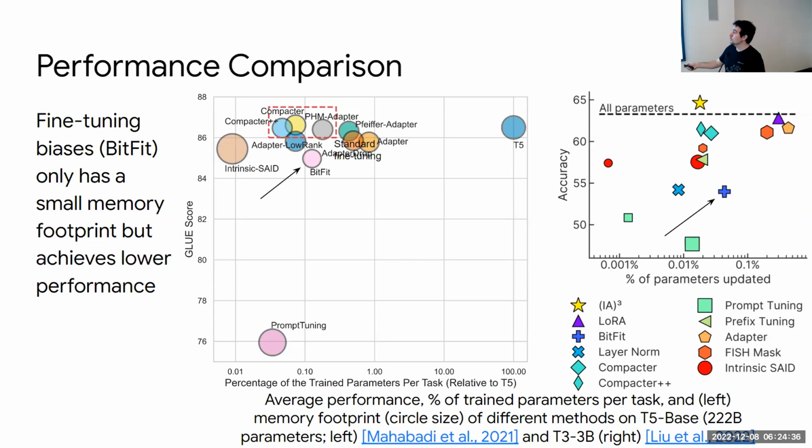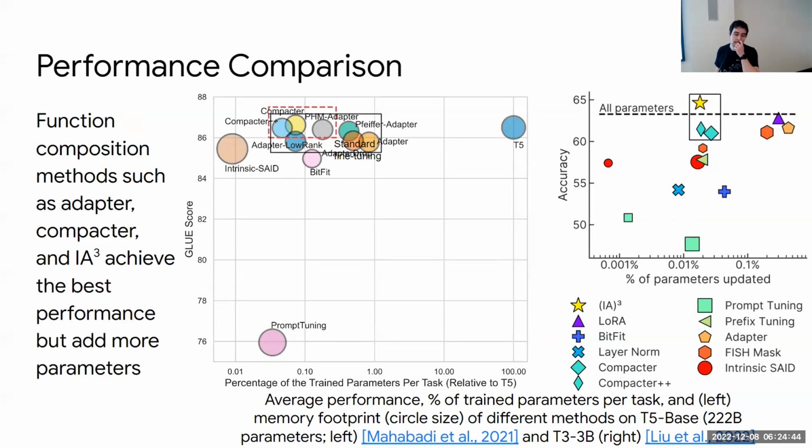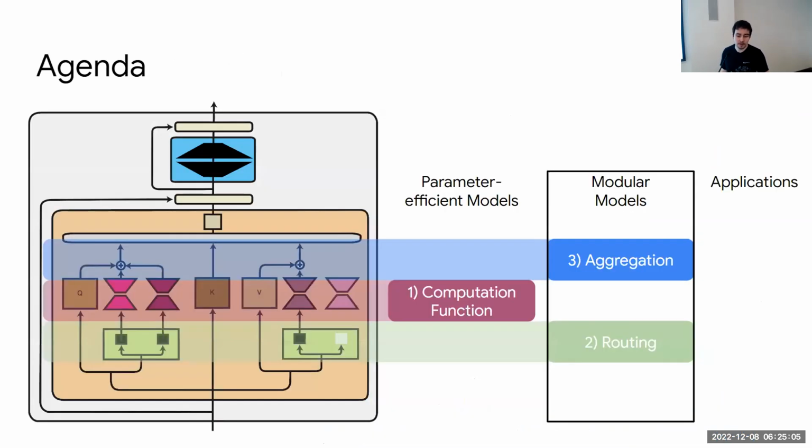Fine-tuning biases, in terms of BitFit, adds a smaller number of parameters but still achieves lower performance compared to the other methods. And finally, the set of methods that performs best in practice are the most general function composition methods, where we can see different adapter variants, Compacter and IA cubed, which so far at least have the best trade-off in terms of performance and additional parameters added to the model.